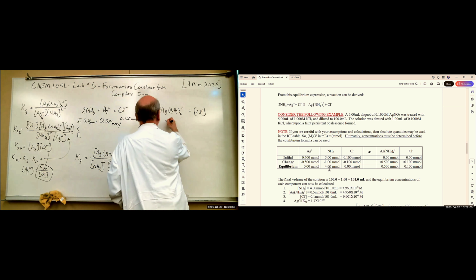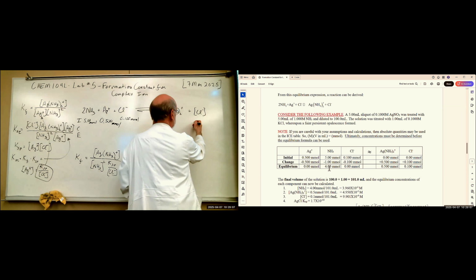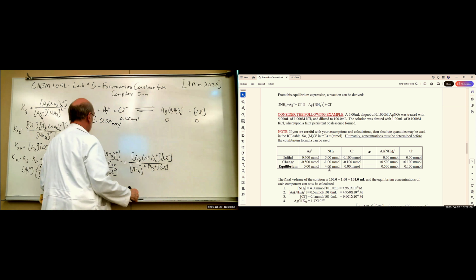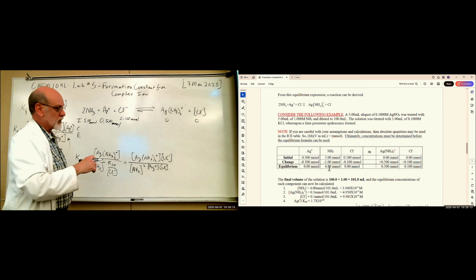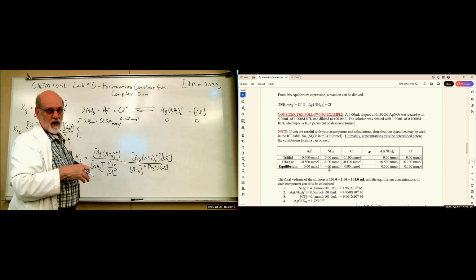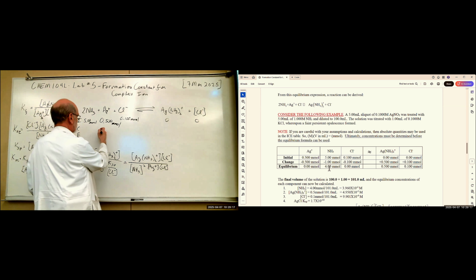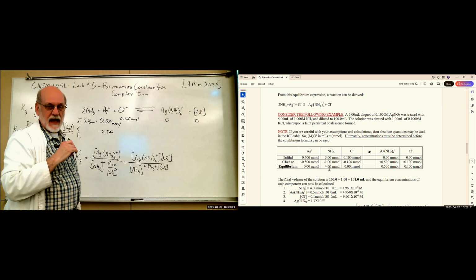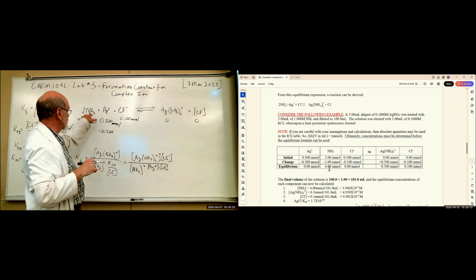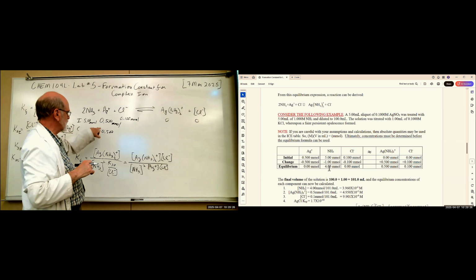Okay. And we're saying that we started off with 0 here and 0 there. So what happens during the change? Well, we're going to use up all the silver. And the ratio is 1 to 2, so we're going to use up twice as much of this.